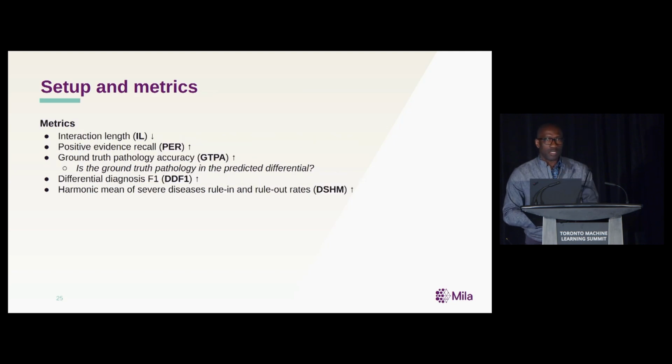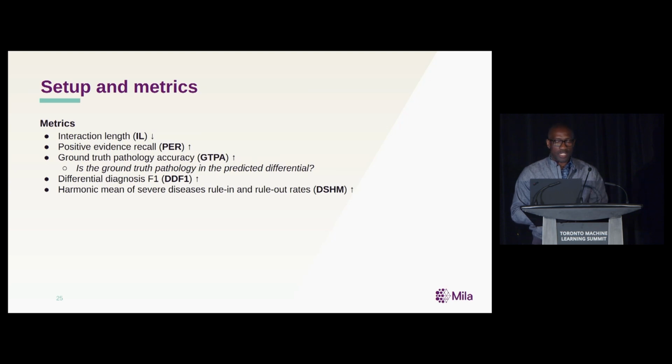As for the metrics, we monitor the interaction length and the positive evidence recall, which tells us the percentage of symptoms experienced by the patient that have been uncovered by the agent. The GTPA will tell us if the ground truth pathology is part of the predicted differential.